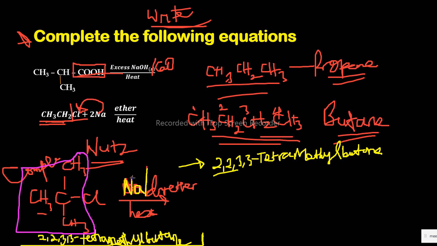We studied this reaction in our previous lesson, whereby we saw this as the Wurtz reaction, and we can use it to prepare alkanes. With this reaction, we heat sodium in presence of dry ether.